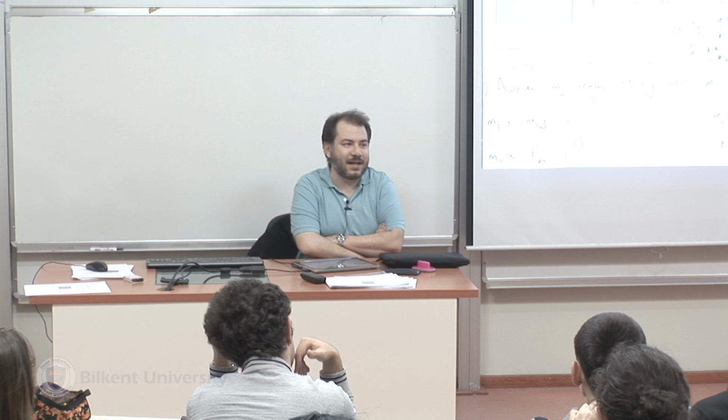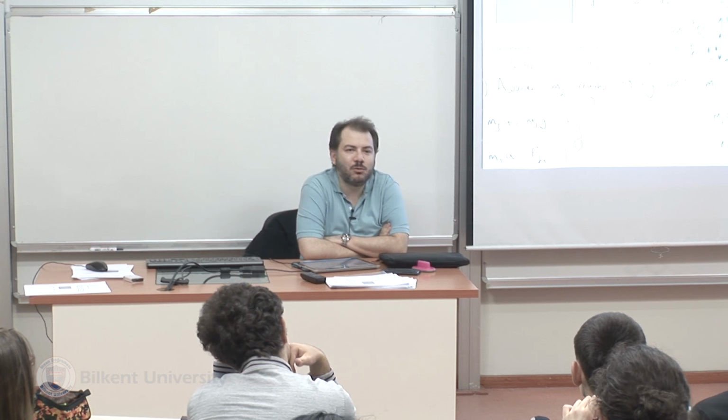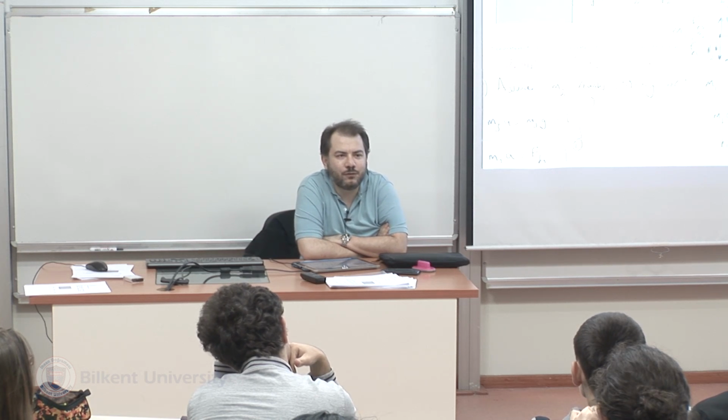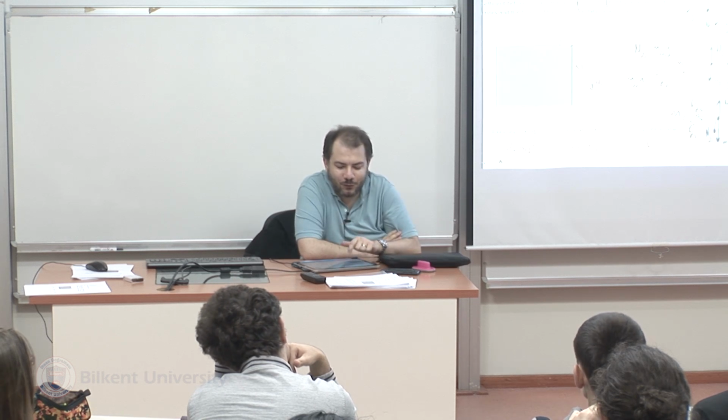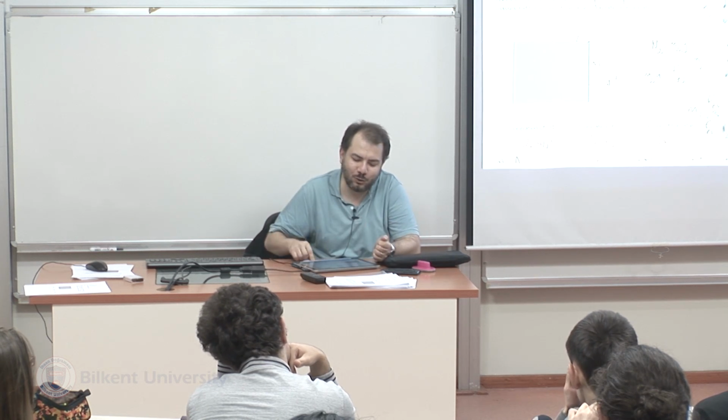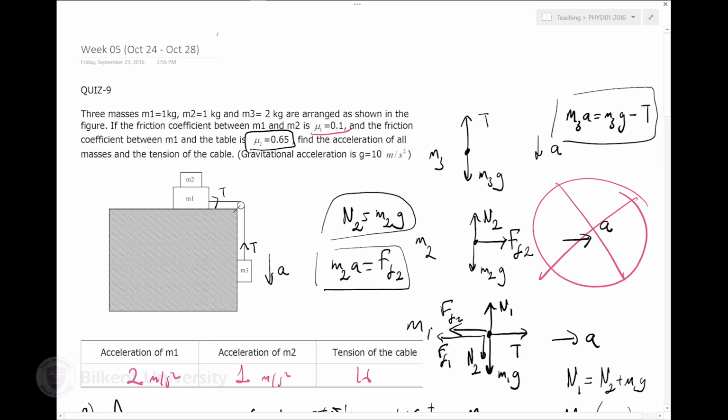We could have checked what's the maximum acceleration friction force can give this object. Or if you want to use your intuition, look at the friction coefficient between these two surfaces and the friction coefficient between the lower surface and M1, right?